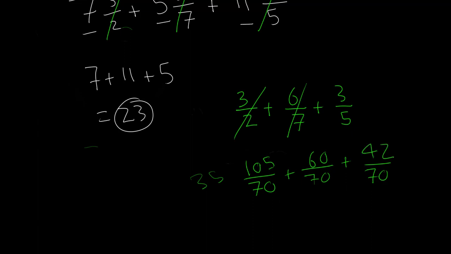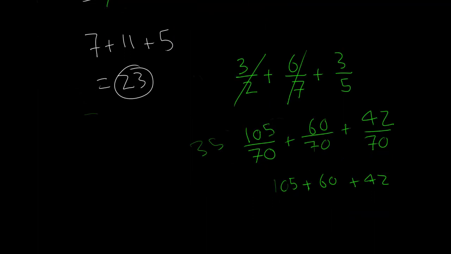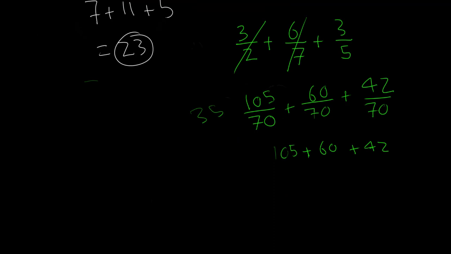Cool. So now, again, we're left with 3 fractions with the same denominator. And we can go ahead and add the numerators together. So we have 105 plus 60 plus 42, which equals, so we have 165 plus 42, 200, 205.